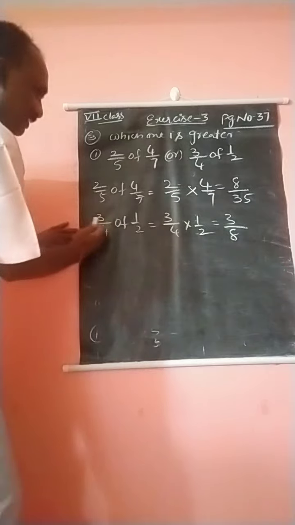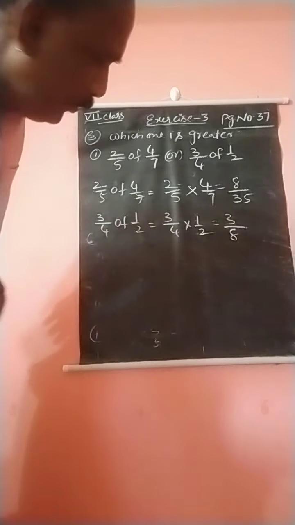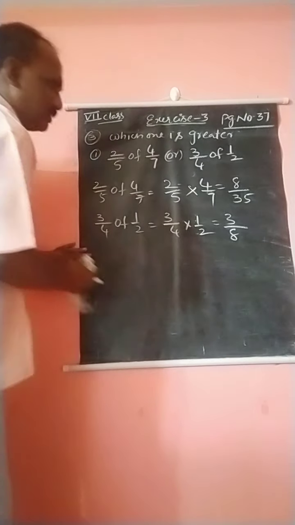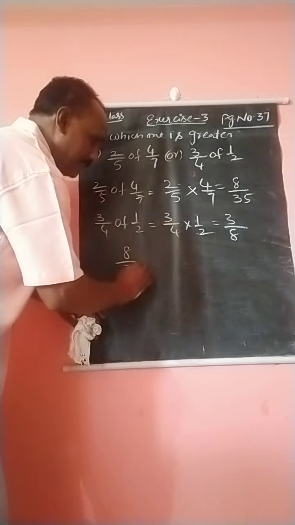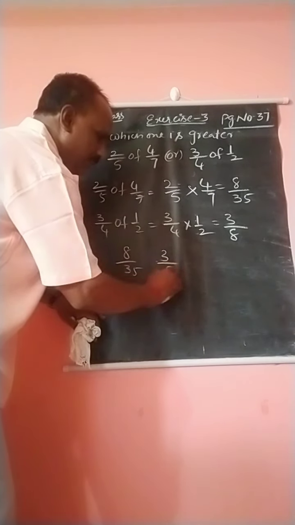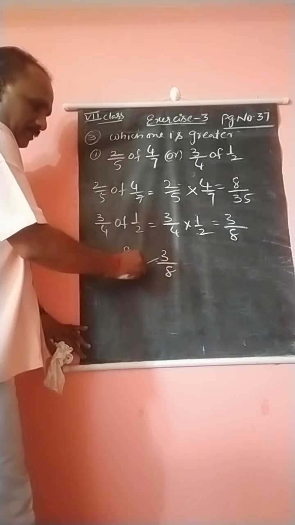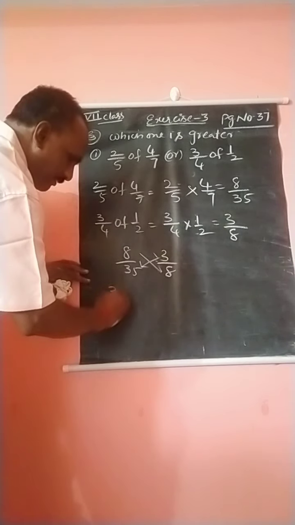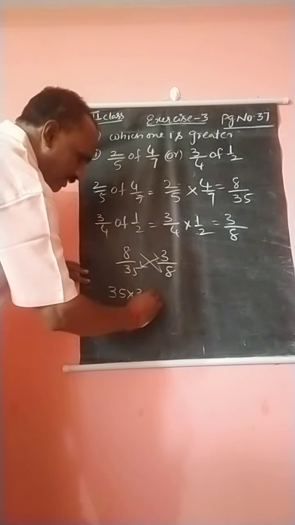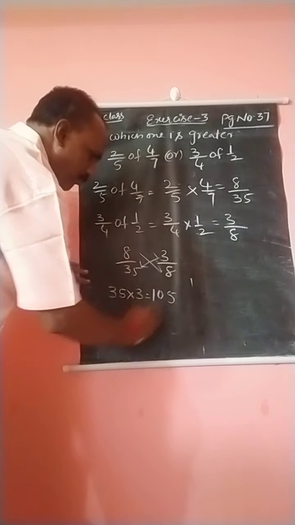Already I told you in the first exercise how you compare two fractions. One is 8 by 35 and the second one is 3 by 8. Which is greater? Now see, go for cross multiplication. 35 into 3, how much? 3 fives are 15, 3 threes are 9, and 1 is 105.